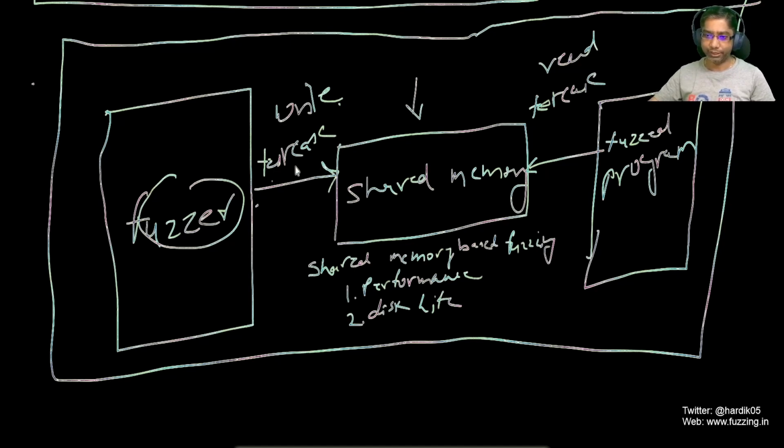Once it writes the test cases to the shared memory, the fuzz program can read the data from the shared memory. So you will notice that there is no disk IO operation involved. The only thing required here is to write the test cases to the shared memory and read the test cases from there.